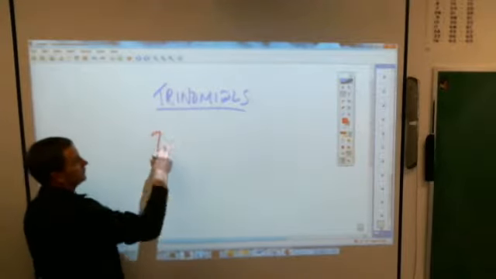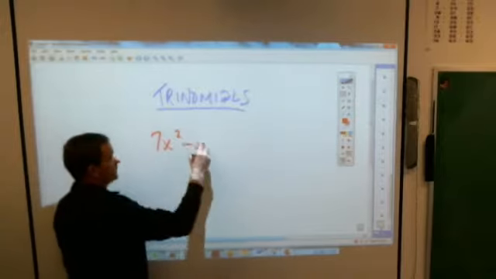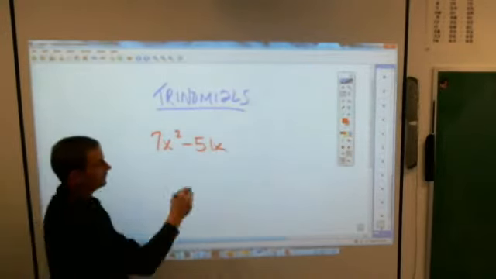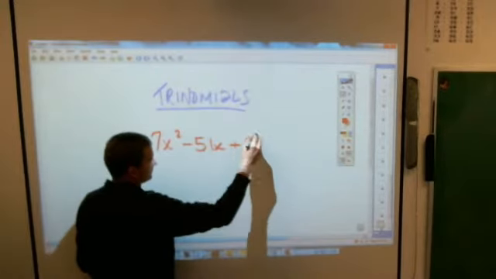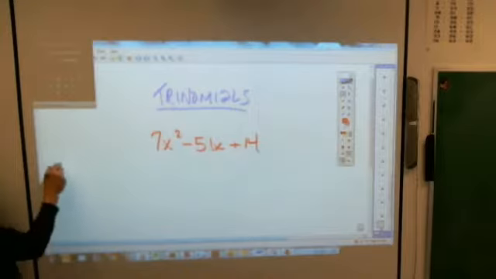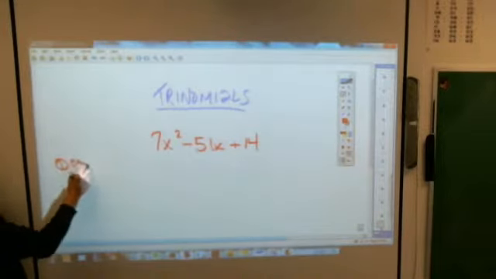If you have number one, which is 7x squared minus 51x plus 14, your step number one is still, can you factor something out of all three?